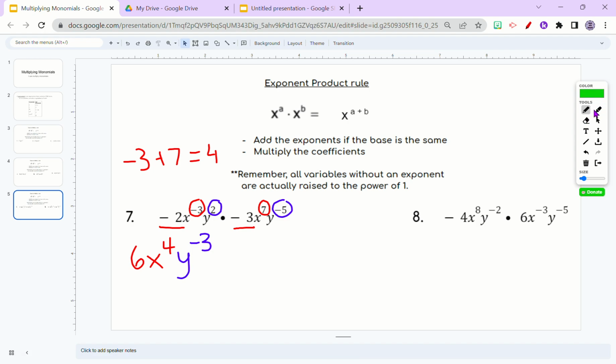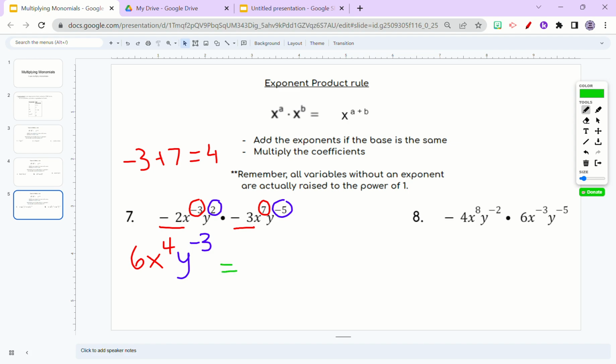Okay, so in the last video that you watched, or in the last lesson, we did negative exponents. So we know how to turn those into positive exponents. Anything raised to the positive powers, those go in the numerators. Anything raised to the negative powers, that goes in the denominator, and that's how we turn it positive.